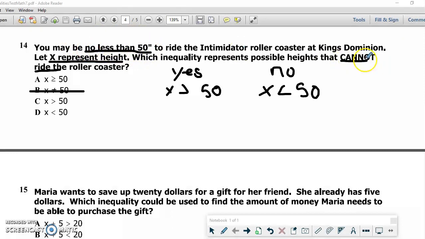But they want to know who cannot ride it. So A will not work. Okay? Looking at C and D, X is greater than 50 inches. So that's under the yes column, so you can ride it. But we want to know who cannot. So people who are under the 50 inches cannot. So D will be your correct answer.